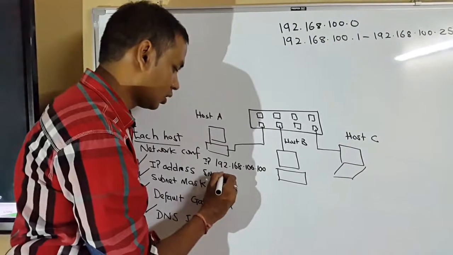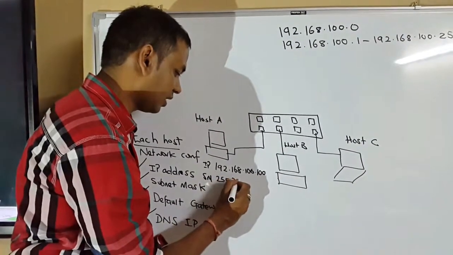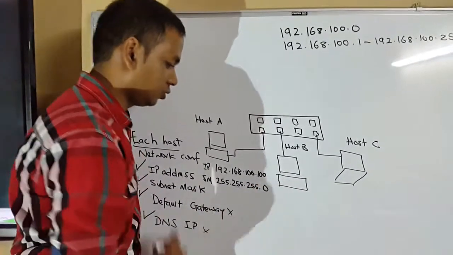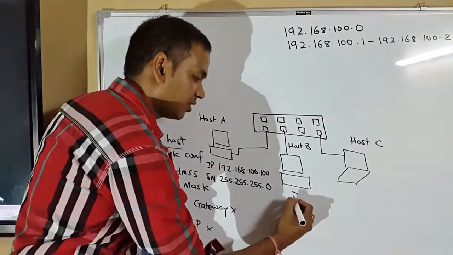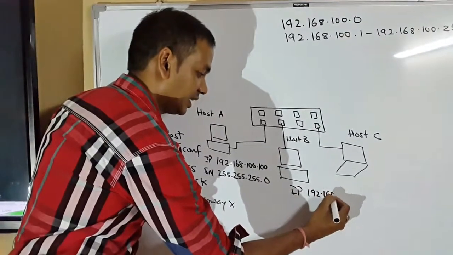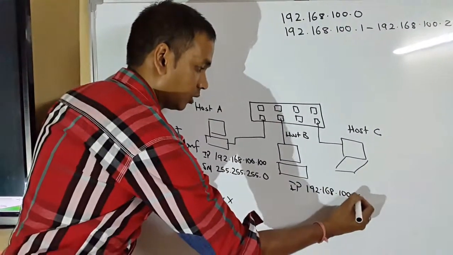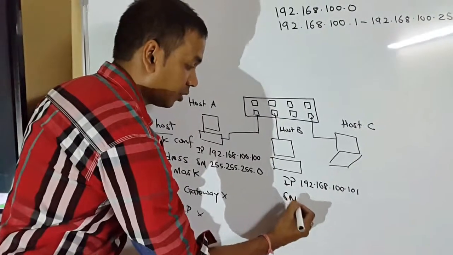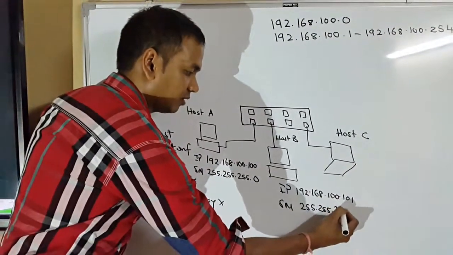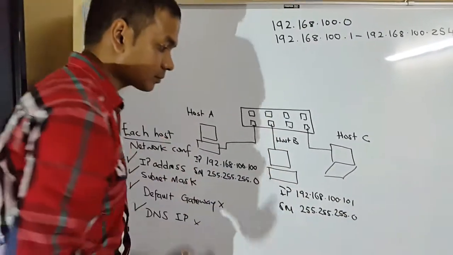For host B, I will assign 192.168.100.101, with the same subnet mask, 255.255.255.0.